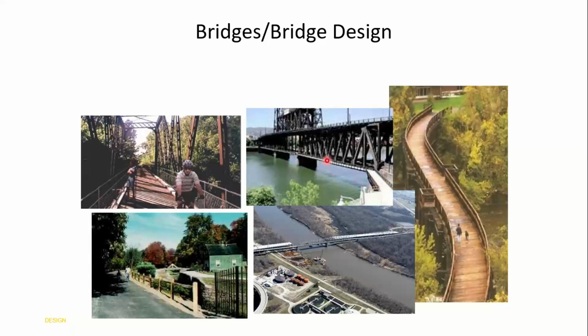And this has a warning system, because you can see it's a lift bridge. When ships are approaching and they need to raise the bridge, there's sirens and lights that flash, and there's a clearance time to allow folks that are on the structure to get off the structure. But as I understand it, this works quite well.